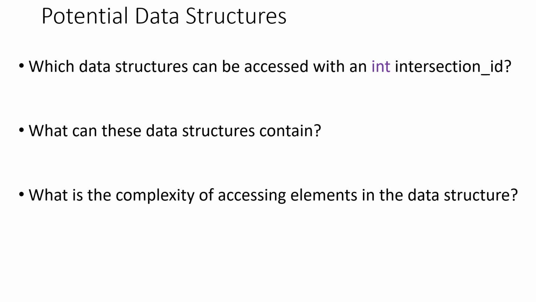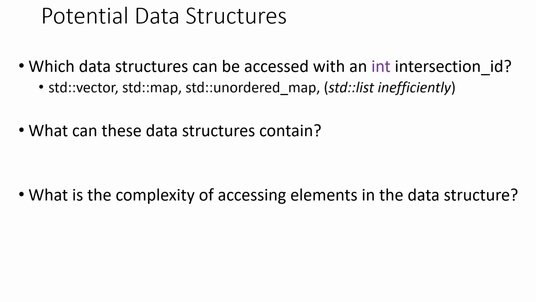Then the question to ask: which data structures can be accessed with an integer intersection ID? All of them. The list is really inefficient, but we can access it by integers. These data structures can all contain anything because they're templated.